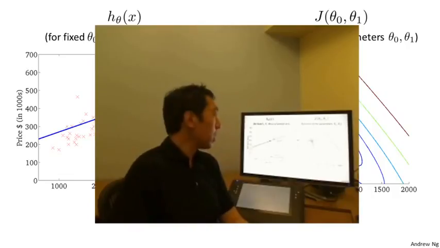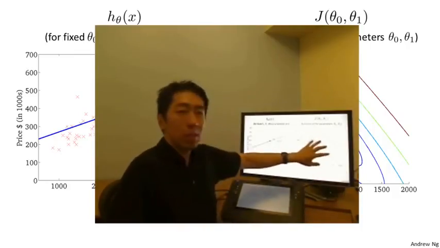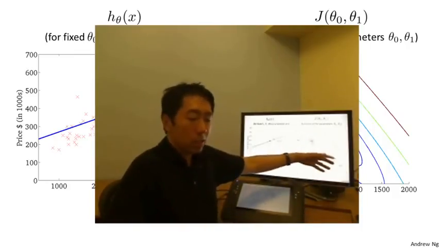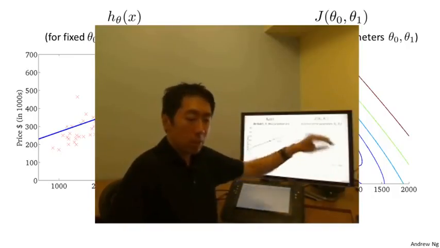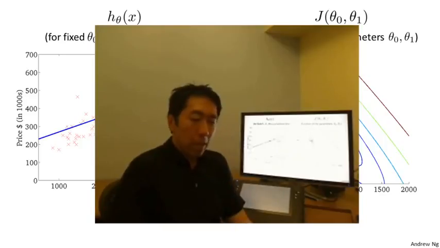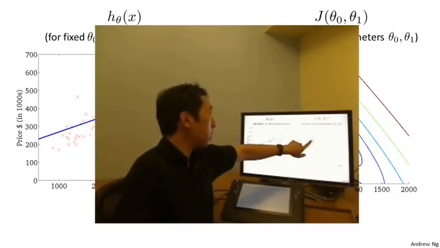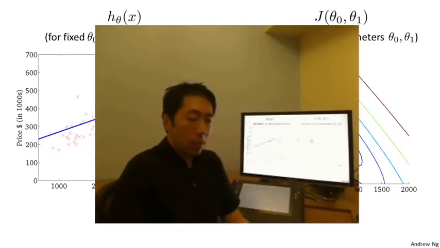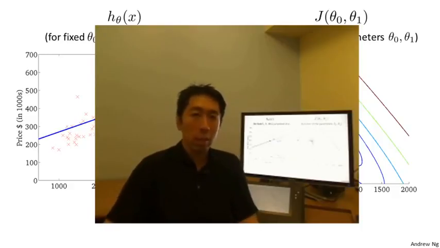In fact, we'll see later that when we look at more complicated examples, we'll have higher dimensional figures with more parameters, where this figure cannot really be plotted and it becomes much harder to visualize. So what we want is software to find the value of theta 0, theta 1 that minimizes this function. And in the next video, we'll start to talk about an algorithm for automatically finding that value of theta 0 and theta 1 that minimizes the cost function j.